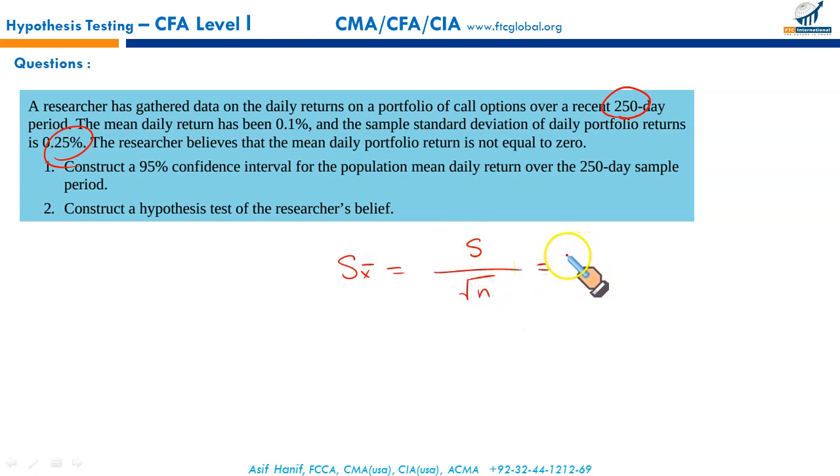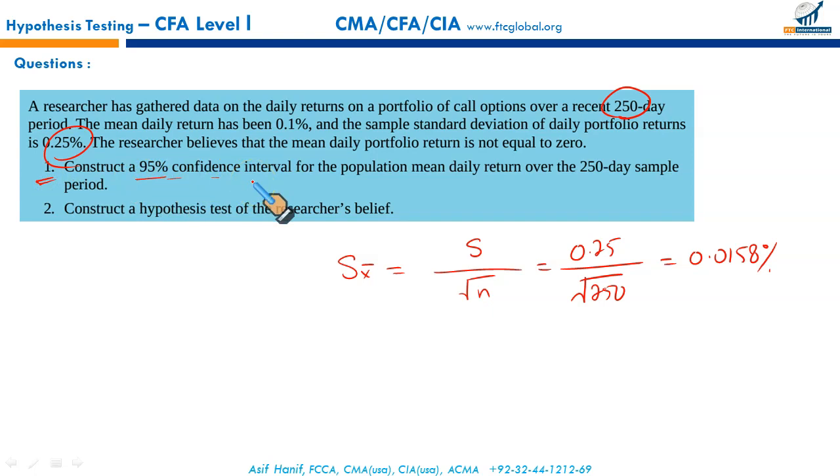So it's going to be 0.25 upon the square root of 250. So it's going to give you 0.0158%. Okay, we are just doing the first part of the question. Now the question says to construct a 95% confidence interval.